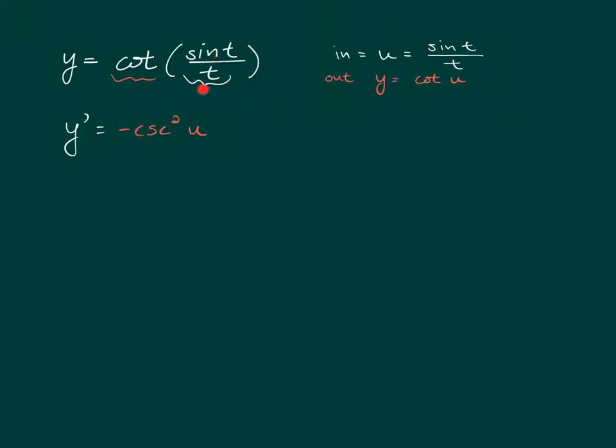Since we're using the variable t here, we will use du dt instead of du dx. So the derivative of sine of t over t will require us to use the quotient rule. So we will start with the denominator times the derivative of the numerator, minus the numerator times the derivative of the denominator, all over the denominator squared.